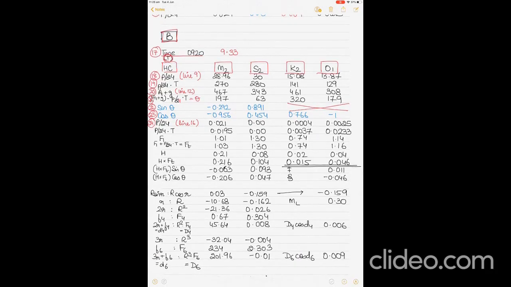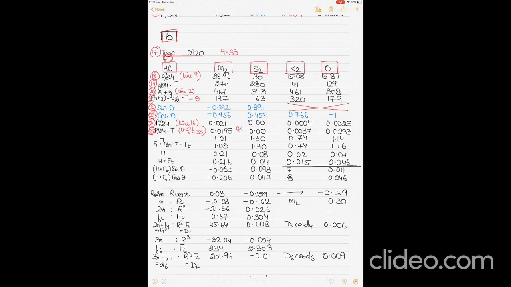So we are going to cover line number 25 now, which is P by 24 times T. So basically line number 16 multiplied by 9.33. In this case it will be 0.021 multiplied by 9.33, which is from the time above.